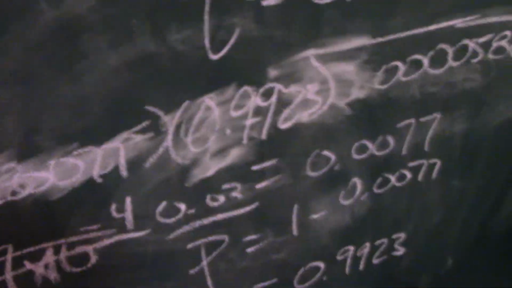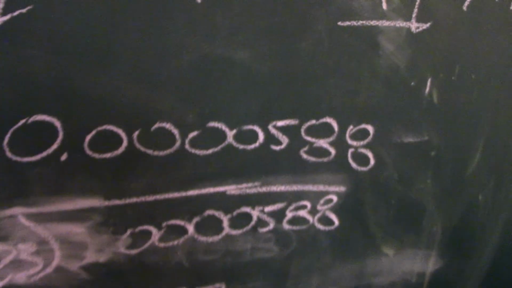And that's because the Q squared is 5.88 times 10 to the negative 5. When I square root it, I get 0.0077. So my P is 0.9923. Okay, so go over that in your textbook, in your key as well.